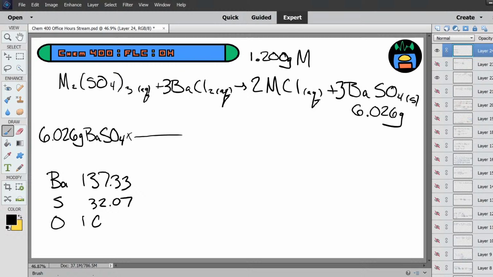Oxygen is 16, but we got 4 of them. So 137.33 plus 32.07 plus 4 times 16 is 233.40 grams of barium sulfate is the mass of 1 mole of barium sulfate.